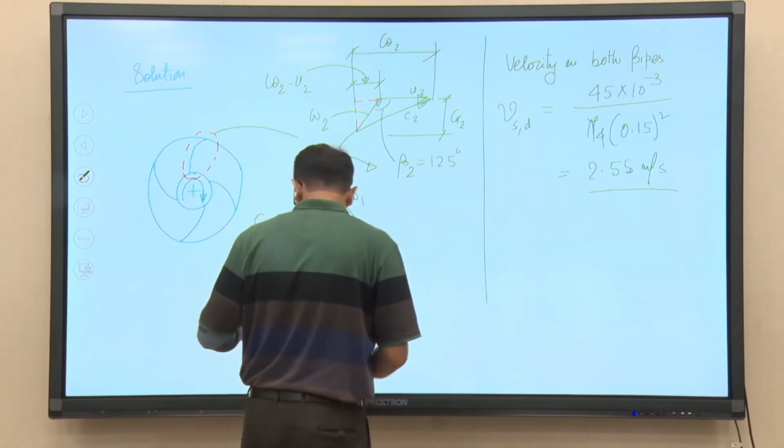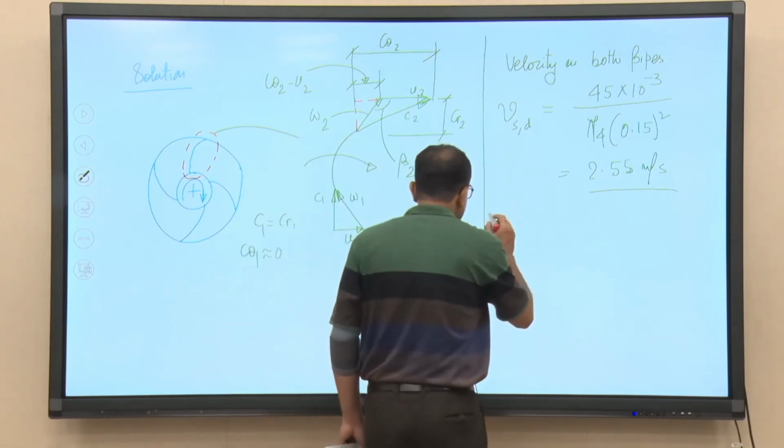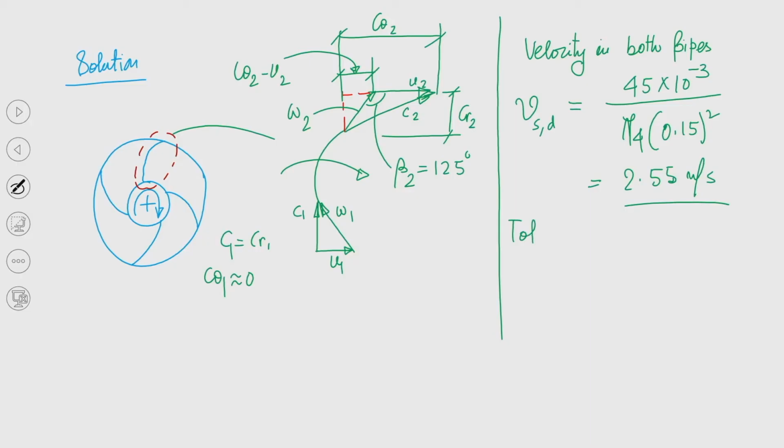So, this is important. Now, the next part is, can't we calculate the total losses? We know the components we should consider while calculating total losses: Hs plus Hd, which we have learned.